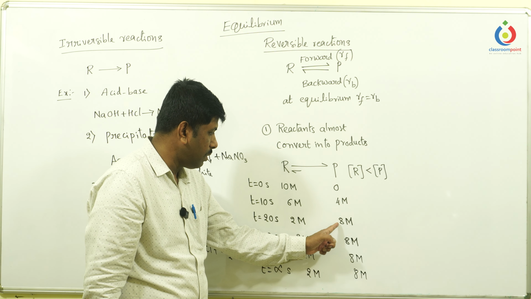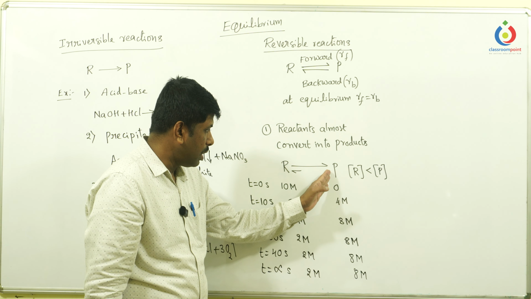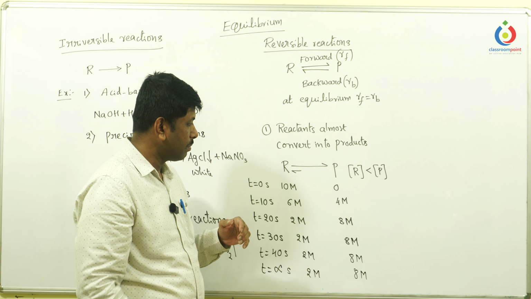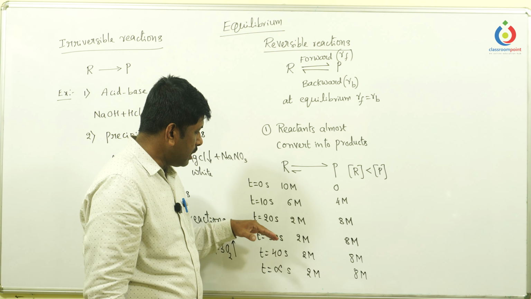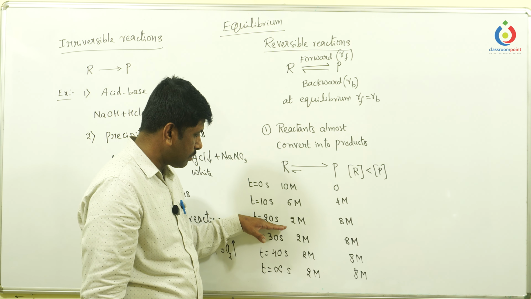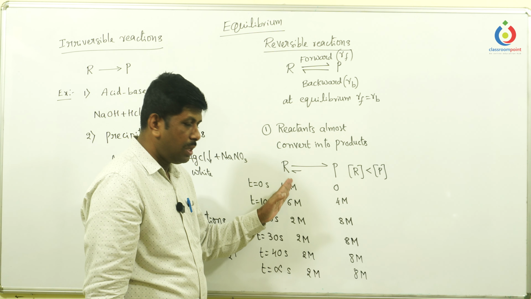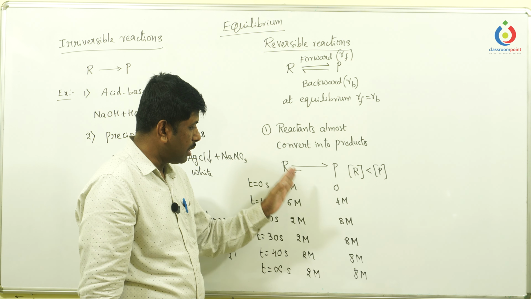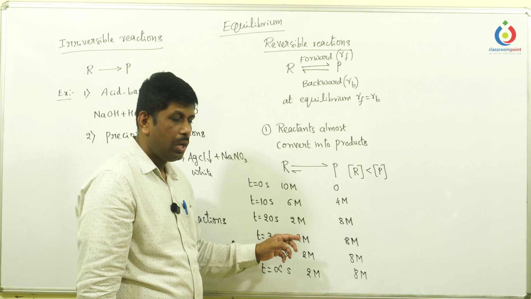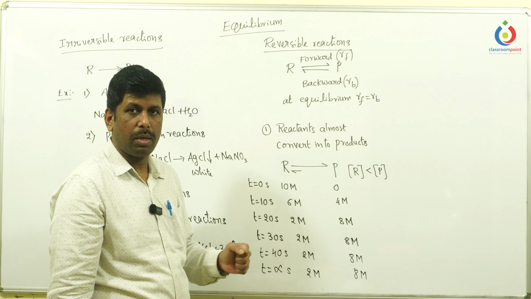That's why a greater amount of product is produced, but products are not willing to convert at that same speed into the reactant molecules. That's why after the 20th second onwards, they reached sufficient concentration of the reactants and products. From here onwards, there is no change in the concentration of both reactant and product molecules.